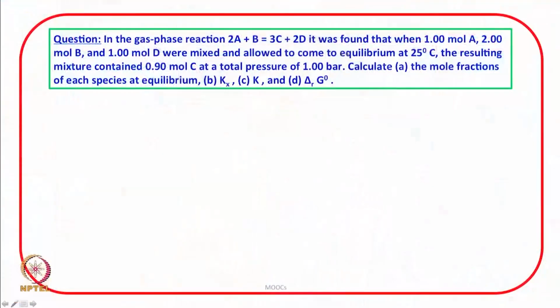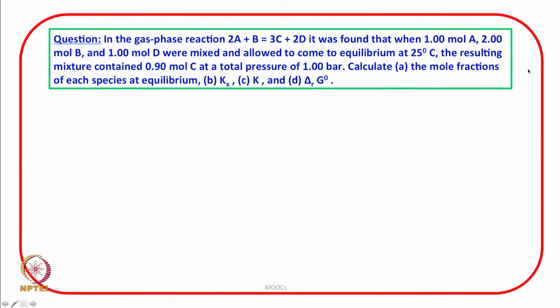The question is, in the gas phase reaction 2A plus B going to 3C plus 2D, it was found that when 1 mole of A, 2 mole of B and 1 mole of D were mixed and allowed to come to equilibrium at 25 degrees Celsius, the resulting mixture contained 0.9 mole of C at a total pressure of 1 bar.